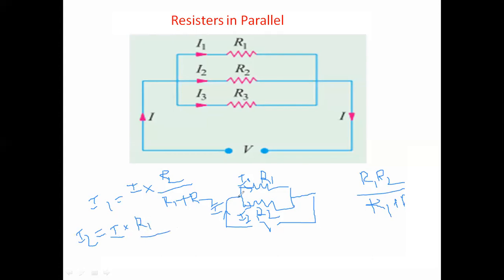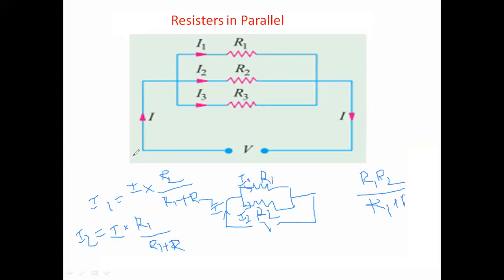See here, if you want to find the current flowing through R2, we have to consider the opposite resistance R1 by total resistance R1 plus R2. So like this we find I1, I2.